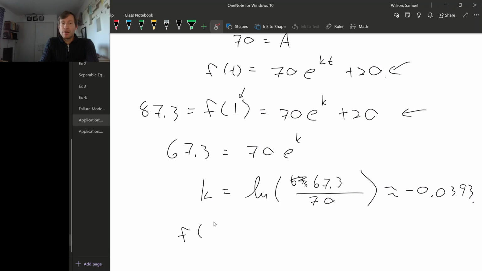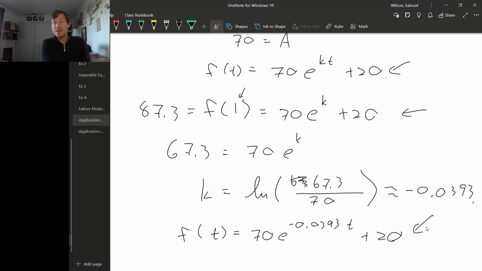So our function is 70 e to the negative 0.0393 t plus 20. Here's the solution to the differential equation that also satisfies our initial condition. When we found A up above, we were really using the initial condition to select a single solution from among the many solutions that we started with.